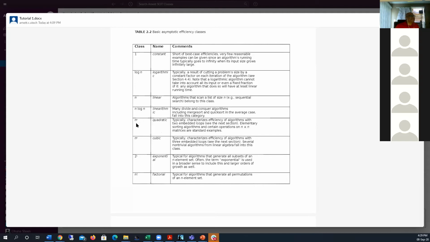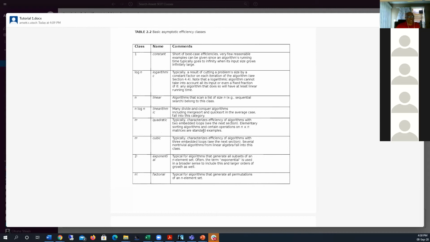Then the next one is n squared, and this is a quadratic behavior, all right? Typically, this characterizes the efficiency of the algorithm, and this algorithm would have two embedded loops.